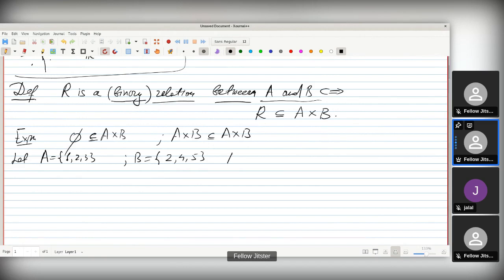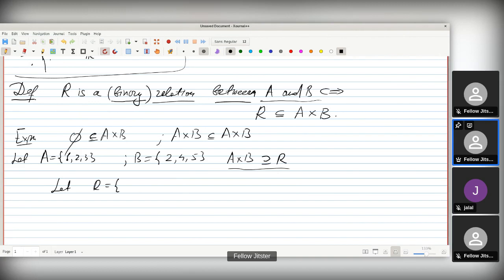In general, A times B consists of how many pairs? How many ordered pairs are possible? 9, exactly. 3 times 3, 9 pairs. But it is well possible that we may take just some of these pairs.